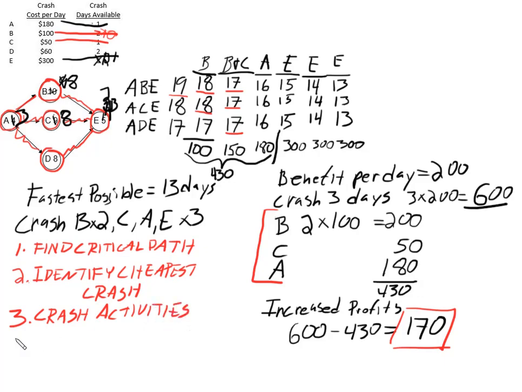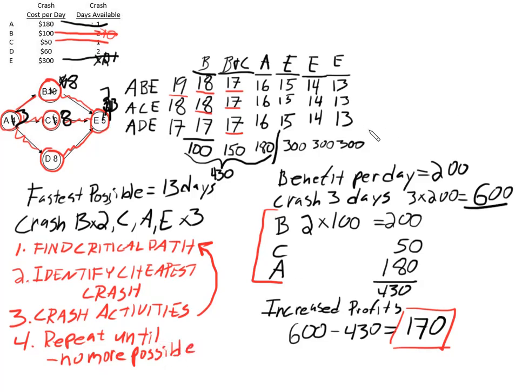And then we checked on the critical path to see if the critical path had changed. So we just went back up to the top and we did it again. And we kept doing it until, depending on how we're looking at it, we either have no more crashing possible, like when we did it at the start, we're just trying to see how much is possible, or if we had, say, already known that the profit per day was $200, there would have been no reason to do this other stuff.